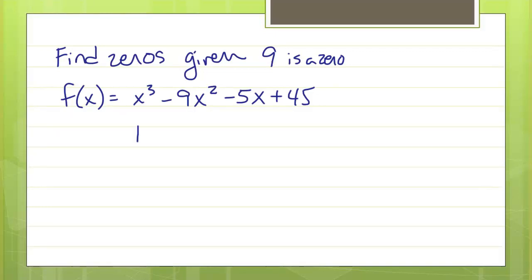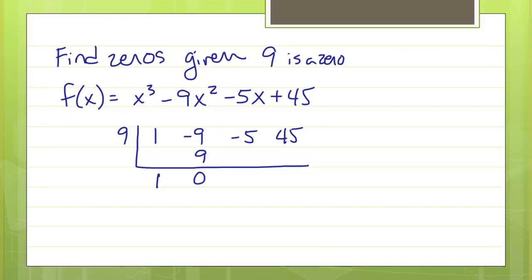So 9 is a zero: 1, negative 9, negative 5, 45. Not missing any terms, didn't need any zeros. Bring down the 1, 9, 0, 0, negative 5, negative 45, 0.